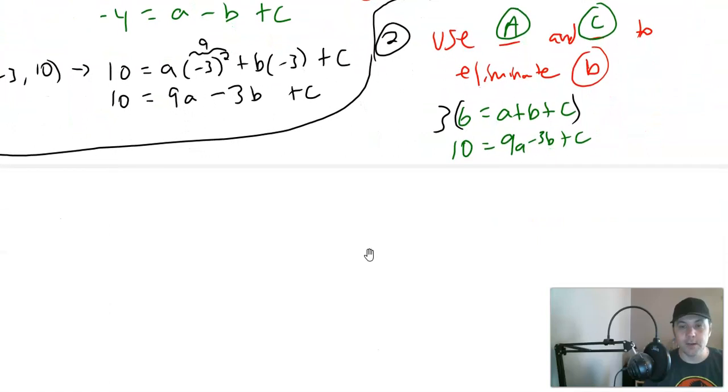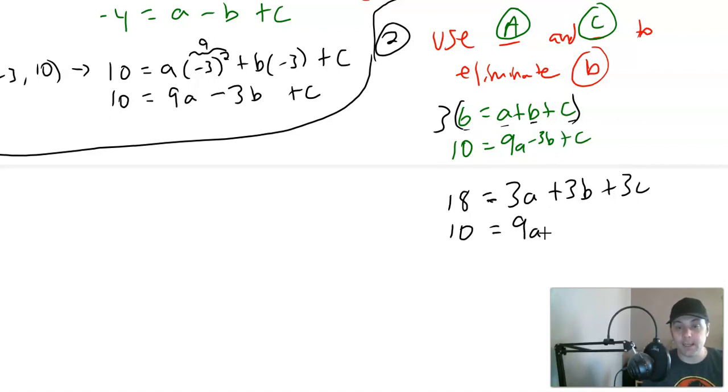And so we will have, the top equation becomes 18 equals 3A plus 3B plus 3C, right? So I'm multiplying the 3 to each of these. The bottom equation we don't have to change, so I'm just going to copy it down.